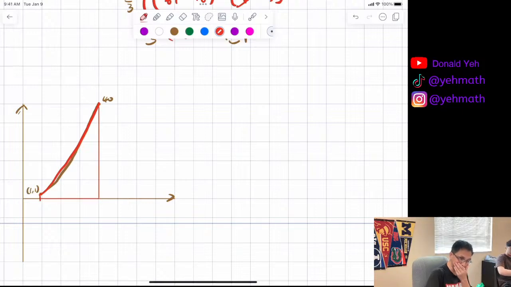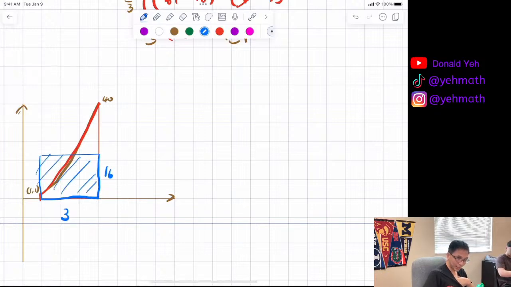That means we just find a rectangle height, a rectangle right in the middle here, with a height of 16 and a width of 3. This area equals this area. So we find the height of a rectangle with exactly the same area as the area under the curve.